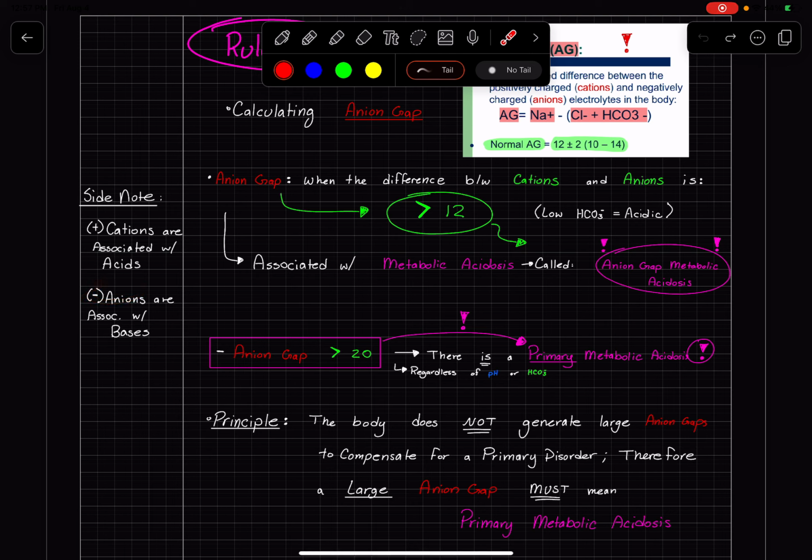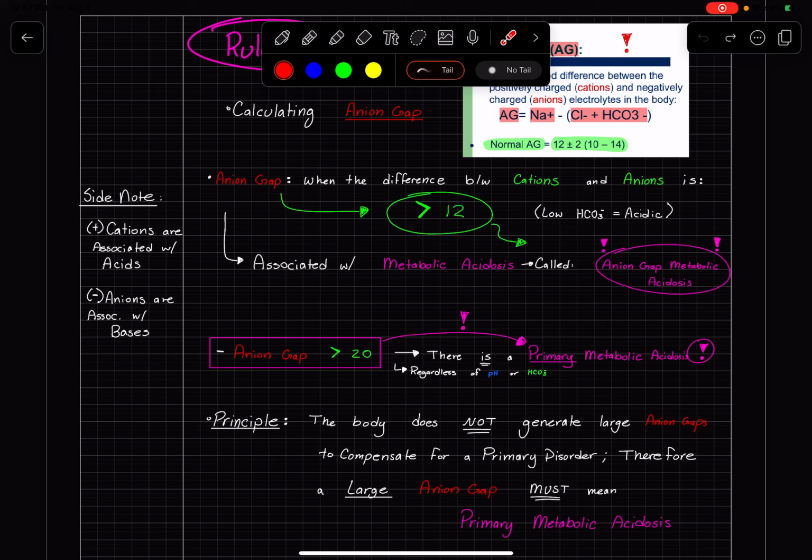If you remember back from chemistry, that's generally how it works. So if you have more cations, like sodium, and that's what more than 12 signifies, that means you're going to have more acid, putting you in a metabolic acidosis. Cations are more acidic.